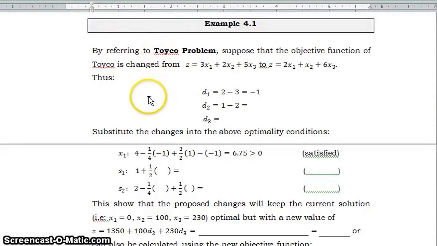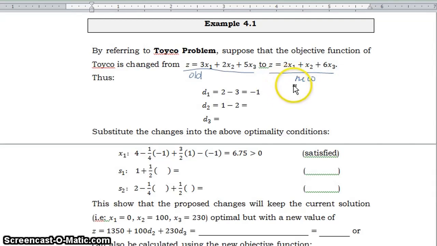Let's discuss example 4.1. By referring to the TOYCO problem, suppose that the objective function of TOYCO is changed from z equals 3x1 plus 2x2 plus 5x3 to z equals 2x1 plus x2 plus 6x3. Now we know this is the old objective function and this one is the new objective function.